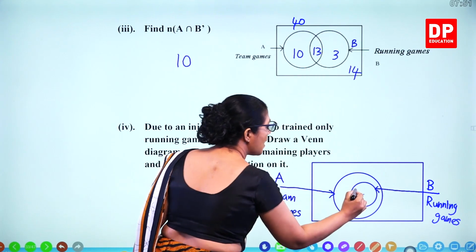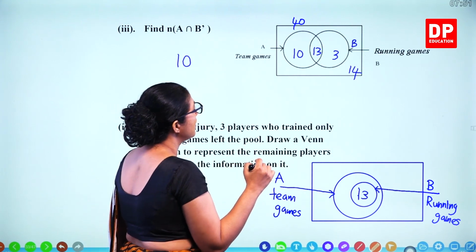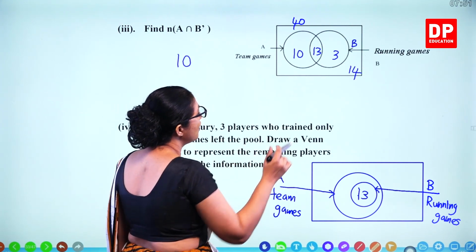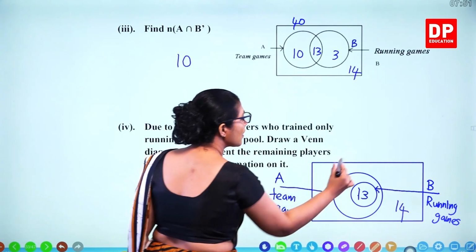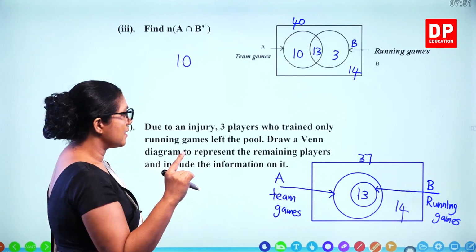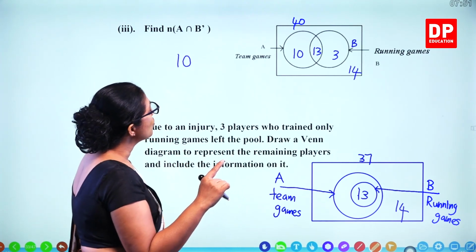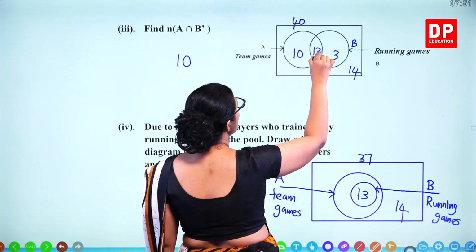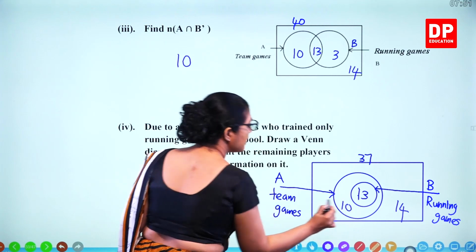So 13 there. 14 is already there. Altogether now 37. 40 minus 3, 37. So this is altogether 23. So 13, this is 10.